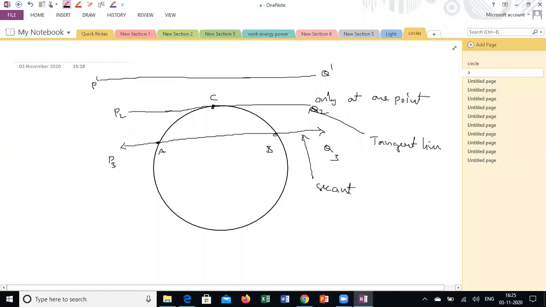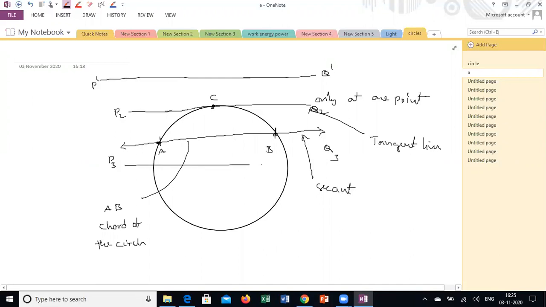If I am considering only the part of the line which is in between the points of intersection, in this case AB, it is called a chord of the circle. Like this, you can draw many chords. With respect to the chord also, if the length of the chord is 0, then you can call it a tangent.